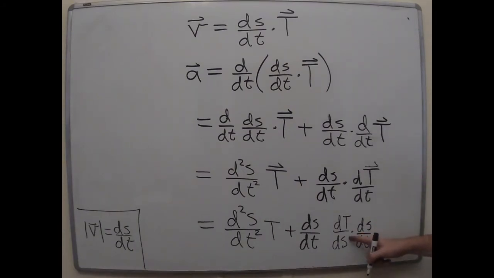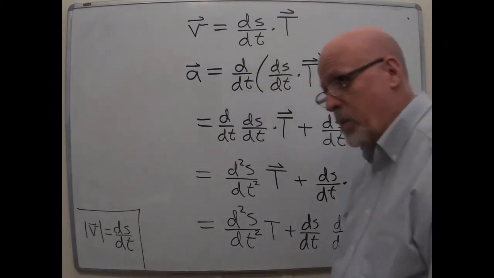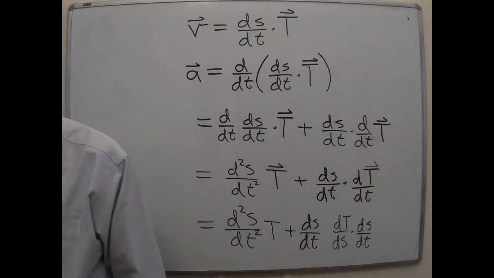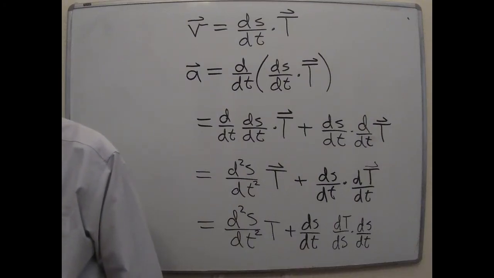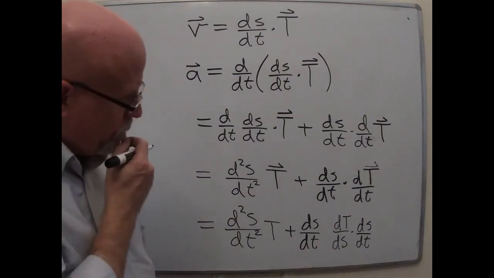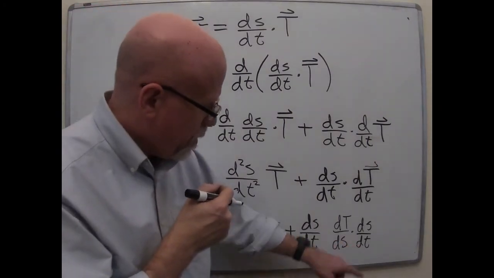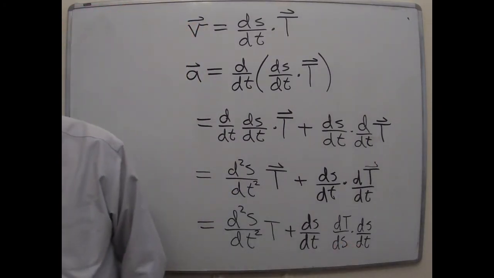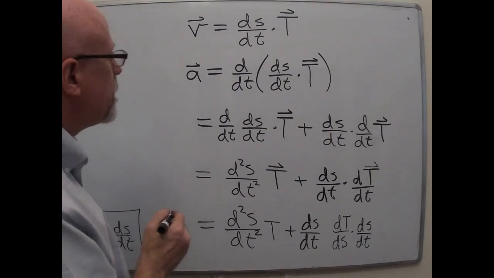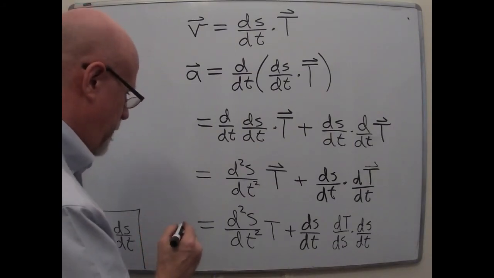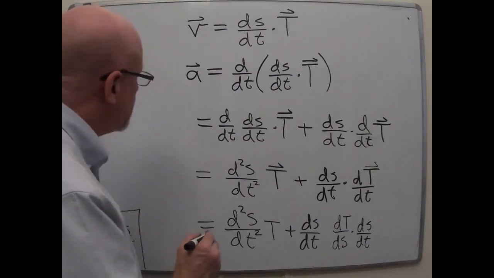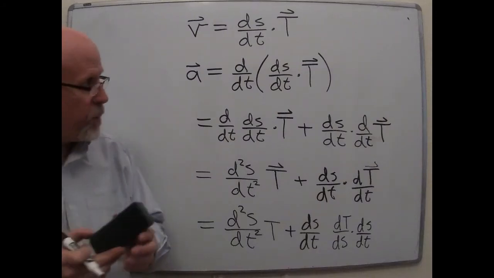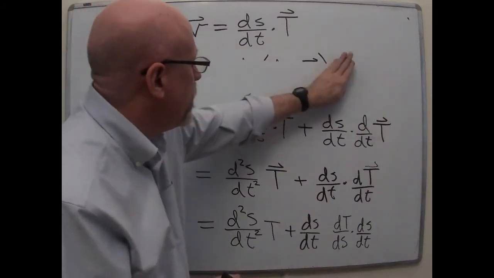So that vector right there is actually the curvature times the normal vector. And then we've got two copies of the speed on that side. All right, do I have enough space to fit it in? Not really. Let me go to the top of the board and we'll erase some of the setup we began with.